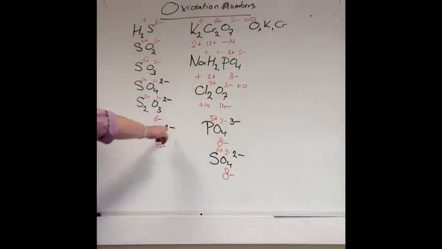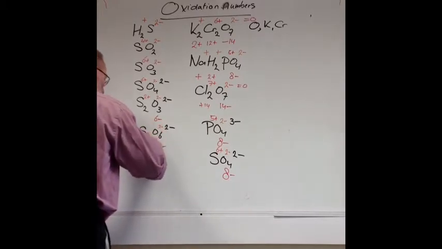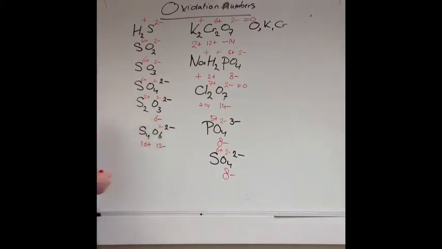The whole thing is 2 minus, so the 4 sulfurs need to be 10 plus. But now we got a problem. How can I divide 10 over 4 sulfurs? Because 10 divided by 4 will give an oxidation state of 2.5. You cannot have an oxidation state of 2.5.